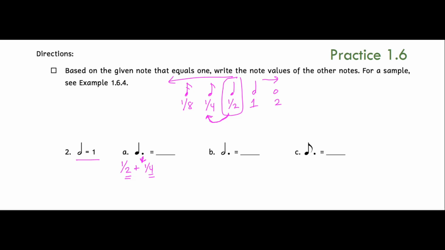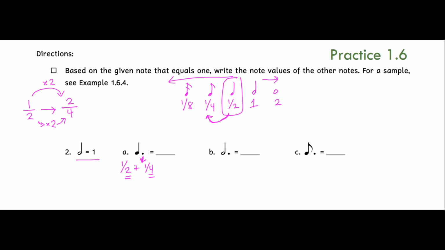And the way we're going to do that is we're going to go 1/2, and we need to change it to something with 4 on the bottom. So 2 times 2 equals 4, right? So we're going to also times 2 here. So what's 1 times 2? That would be 2.